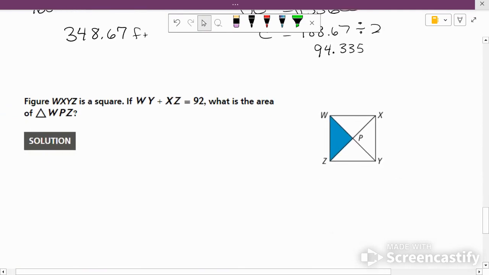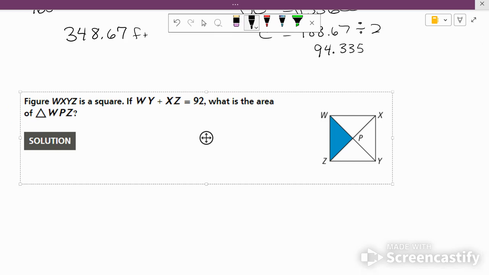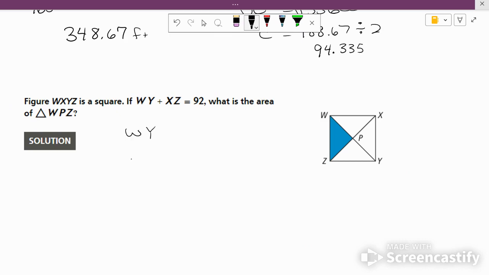WXYZ is a square. We know WY, this diagonal, plus XZ, this diagonal, is 92. So how long is just WY? Since it's a square, it's also a rectangle, and the diagonals are congruent, so they're the same.